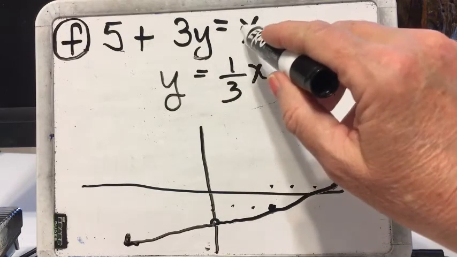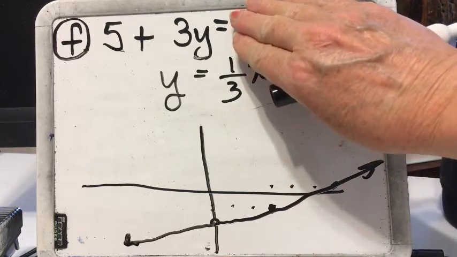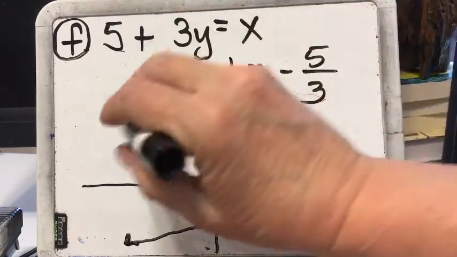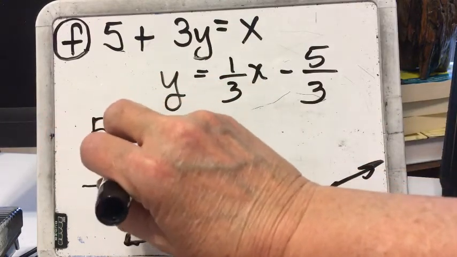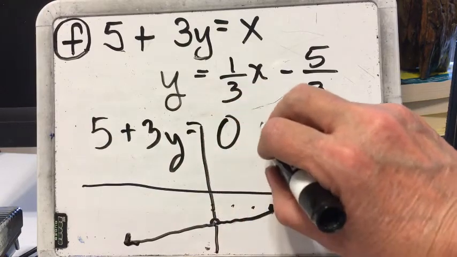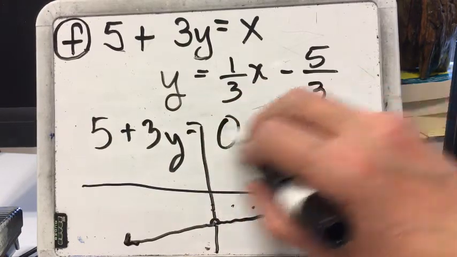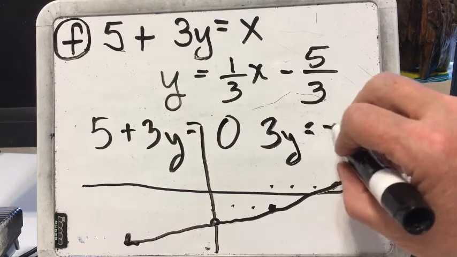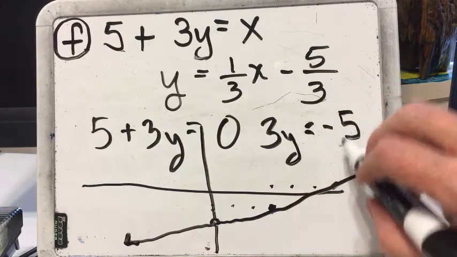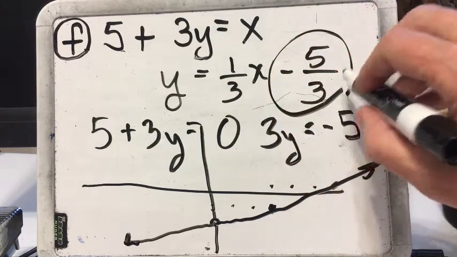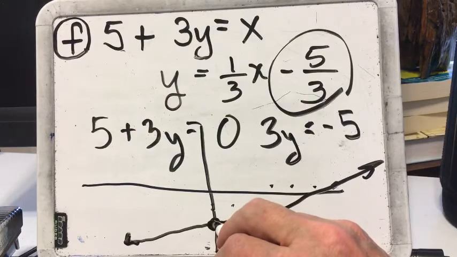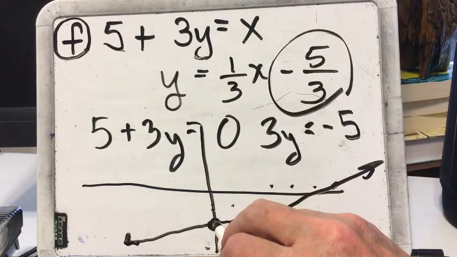Okay, if I just let x be 0, then I'm going to have 5 plus 3y equals 0, or 3y equals minus 5. Y equals negative 5/3. Isn't that what we got? Okay, and isn't that what we have right here? When x is 0, y is negative 5/3.